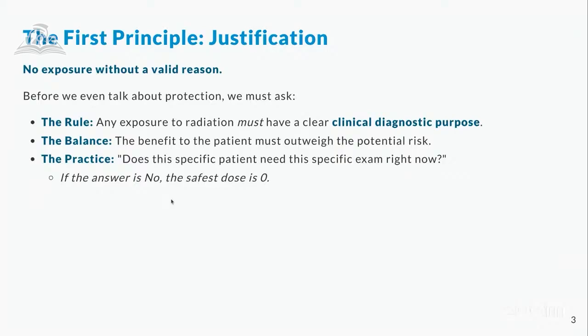We will go through an example later, but this is the main idea. You don't do an exposure for fun. You don't do an exposure for no reason. You do an exposure for a clear clinical diagnostic purpose, and that purpose should have a benefit that outweighs the risk of any exposure.